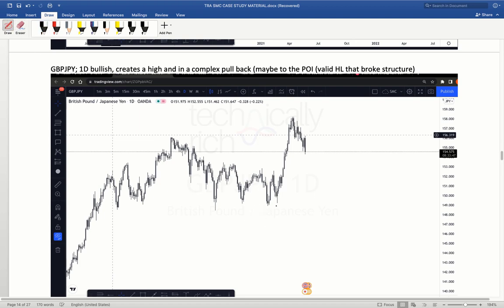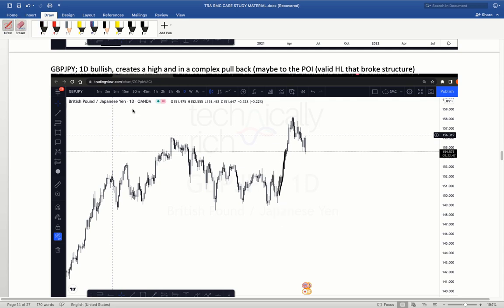There's a break of structure there to the downside, and then we created this, and then we have this failed lower high, and then we have the break of structure here. Okay, so the break of structure happened here when they broke this area. Now, this is what you need to know.